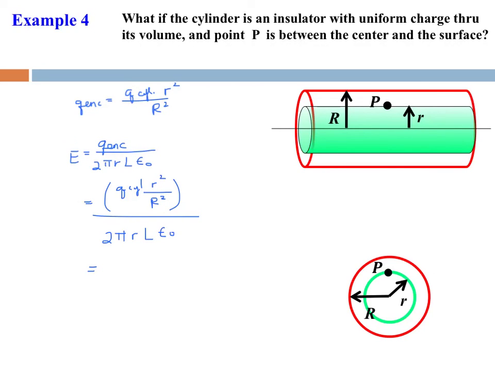We can have some things cancel out, and we're left with the charge of the cylinder times the radius of our Gaussian surface divided by 2 pi times the radius of the actual cylinder squared, times the length of the cylinder, times epsilon naught.